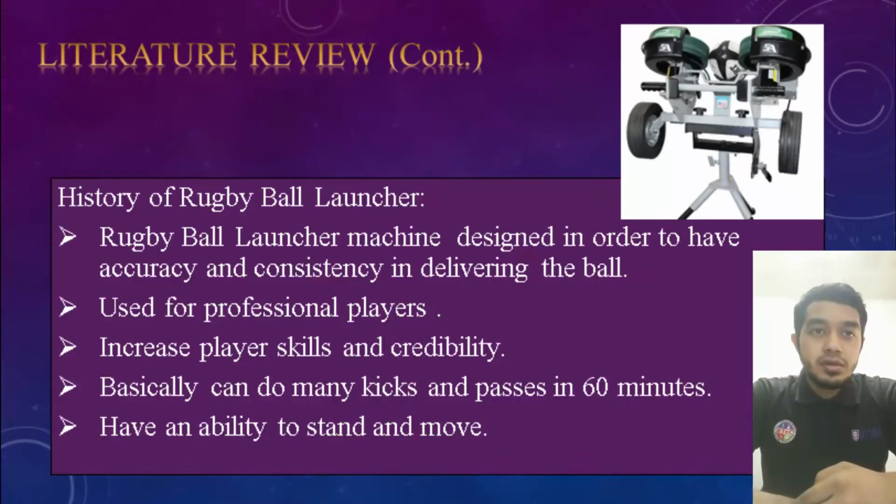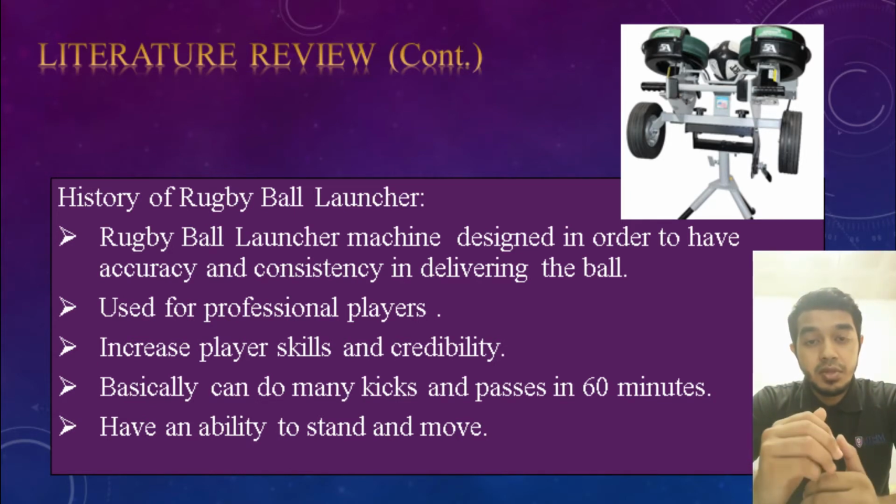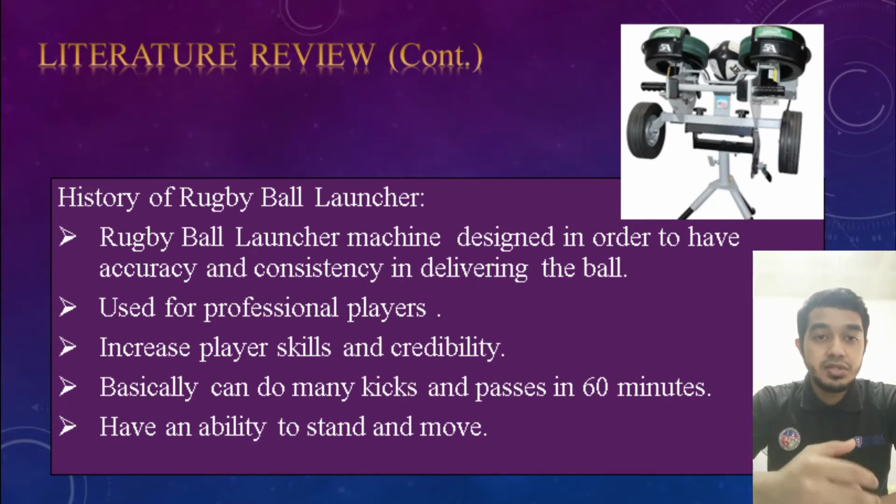The first part of the literature review is the history of the Rugby Launcher. The Rugby Launcher machine is designed to have accuracy and consistency in delivering the balls. It is basically used in training sessions and also by professional players. The benefit of this machine is to increase the players' skills and credibility in catching balls.